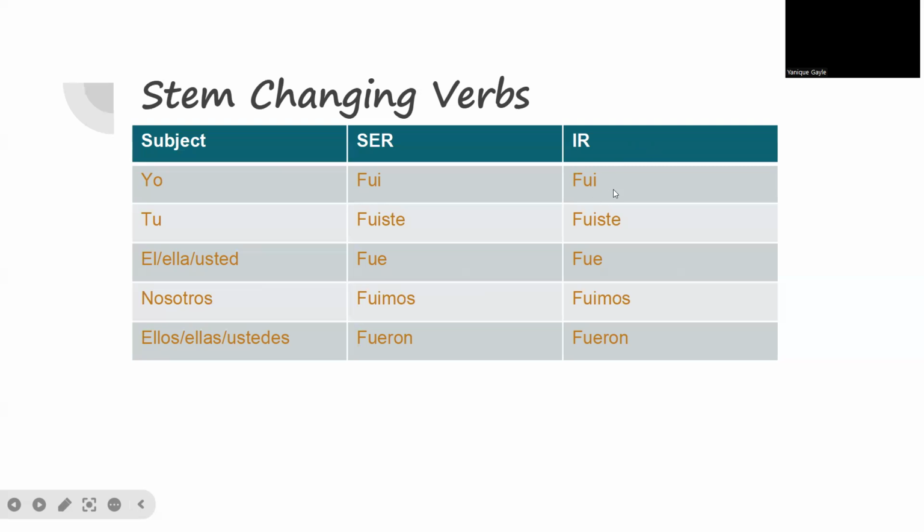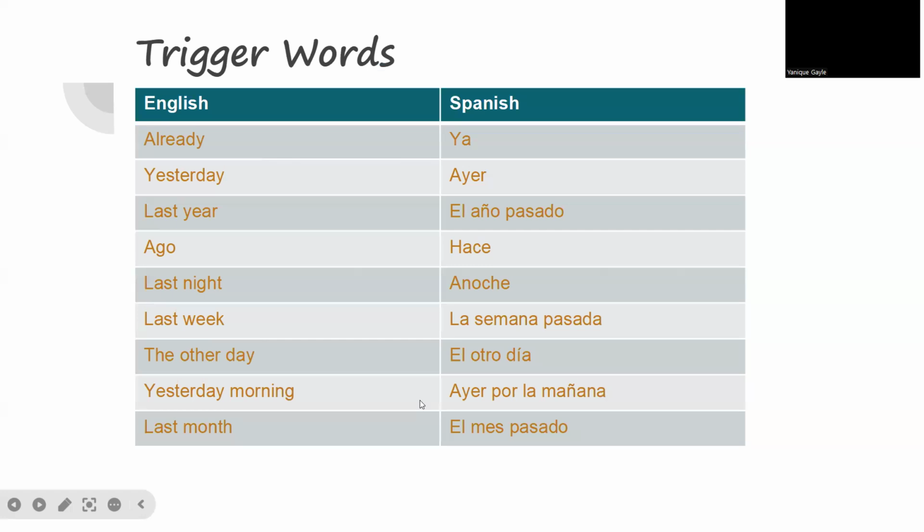I went. You went. He, she, it went. We went. They went. Okay? So to be and go went. And that would be the conjugation. These two share the same conjugation in the past tense. Awesome. Okay. So these are the stem changing verbs.